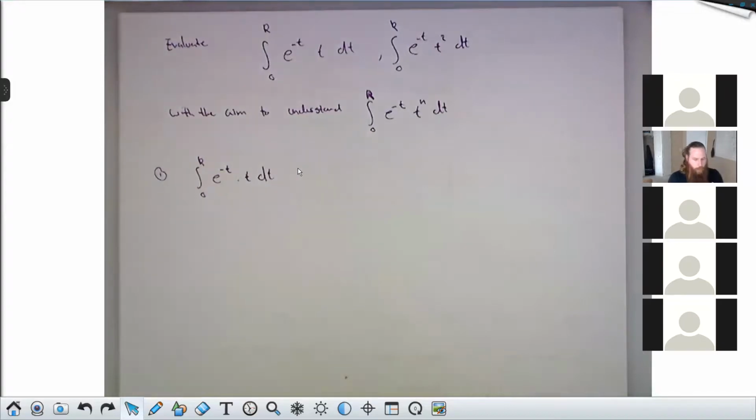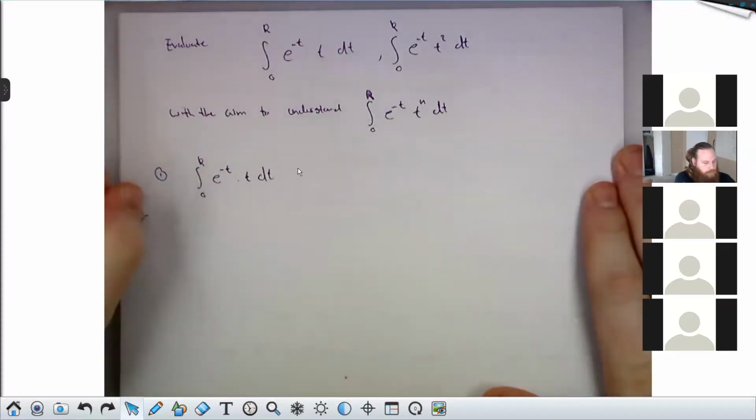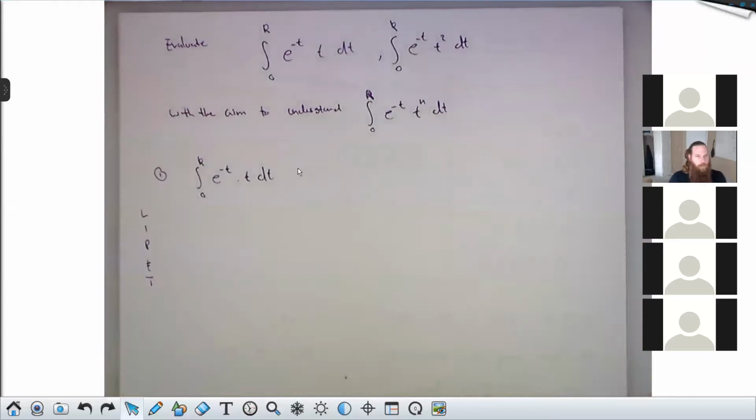Hmm. So the exponential is way down here. I do have a polynomial here. The t piece is a polynomial.